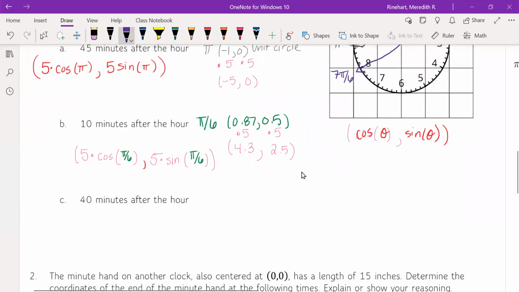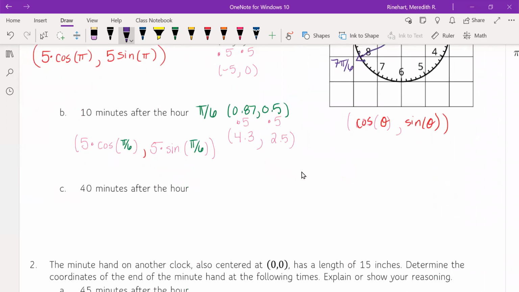So there's actually multiple ways on this to write 40 minutes after the hour. So you can use 7 pi over 6, or you can do the opposite of pi over 6, which is what we used up above for part B.